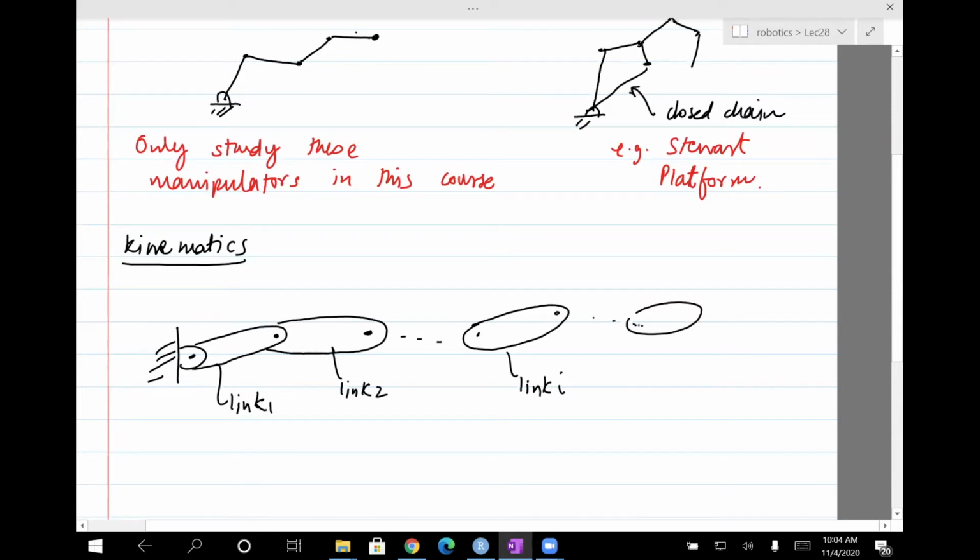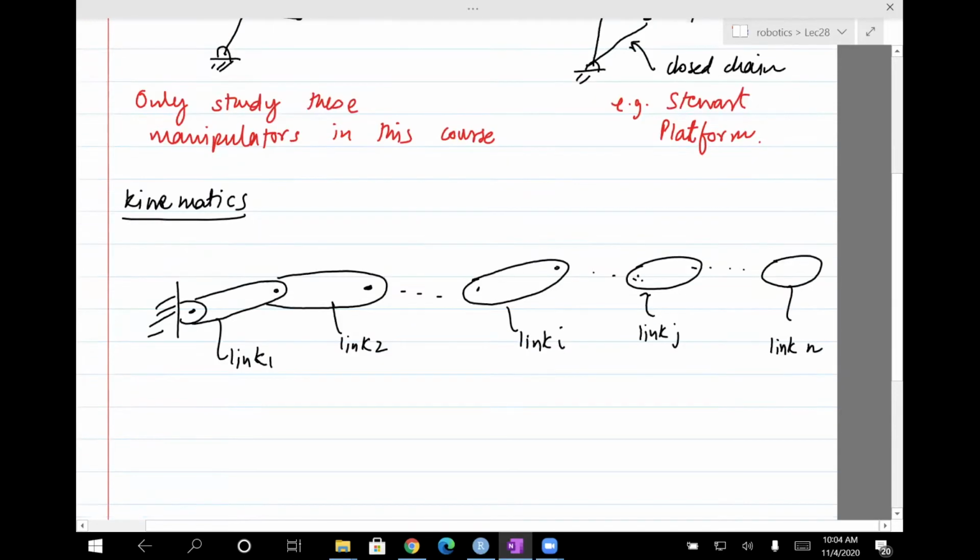There's a link, call it link j. Eventually, the last link is our link n, which is also known as the end effector. The end effector is where you might want to put a gripper so that the gripper can go and grasp objects in the space.